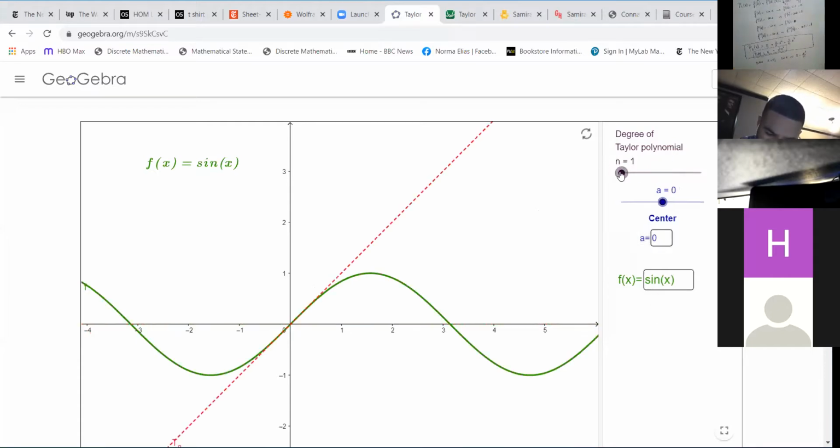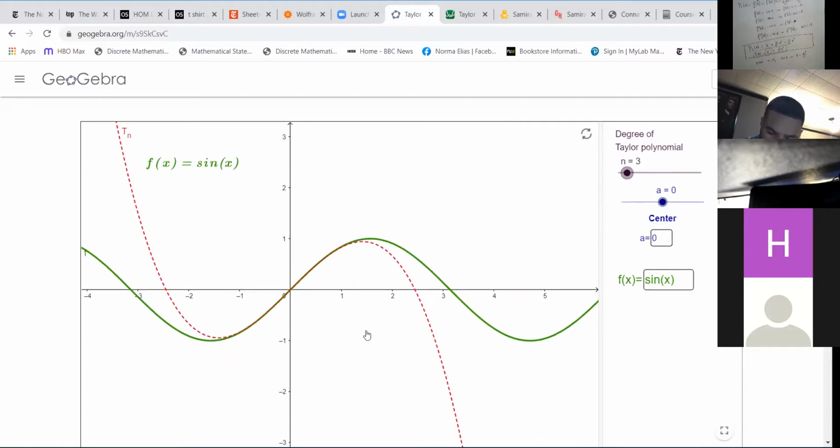The first degree Taylor polynomial, f of x equal to x, is the tangent line. You can already see that sine x and x are close to one another near 0. In this problem, if n equals 2, the second derivative at 0 is 0, so there is no quadratic. That's why I had to ask for the cubic approximation.